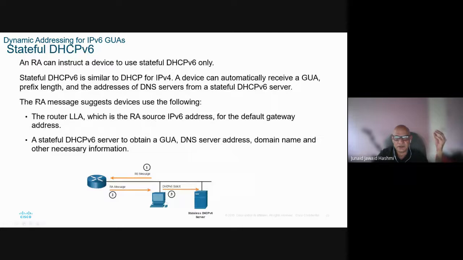Routers can also assign IP version 6 addresses. Also, the routers can assign a link local address.